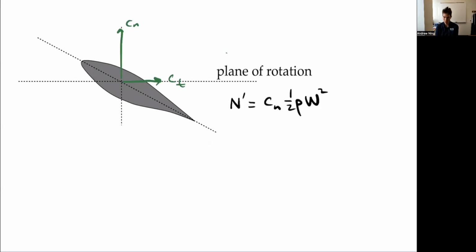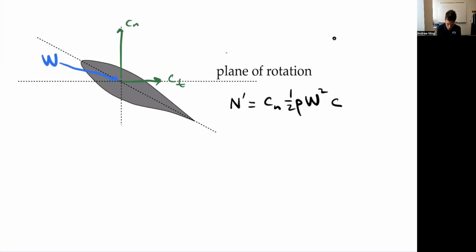I need to use the W, right? Because that's the relative velocity that I see. So let's just draw W again. That's the velocity that I experience, and also by some reference area. But in our case, this is a force per unit length, so we just need a length. So I'm going to put a chord. So that's the normal force generated by this propeller.